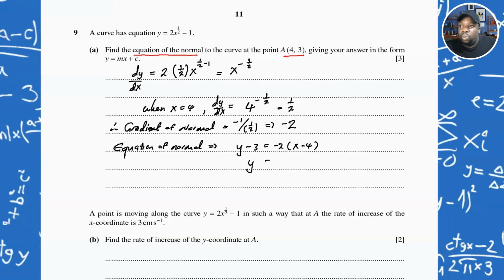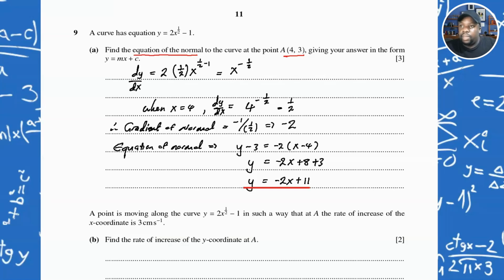So it'll be y is equal to minus 2x plus 8 plus 3, which is the minus 3 gone to the right. So the final answer will be y is equal to minus 2x plus 11. So that's basically what we get for this particular question right here.